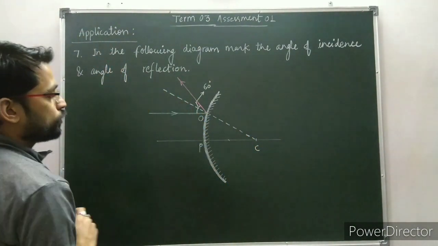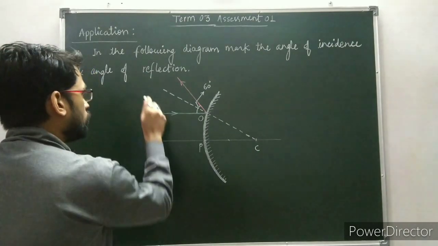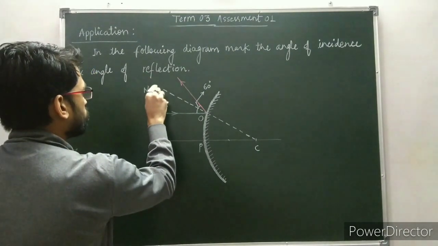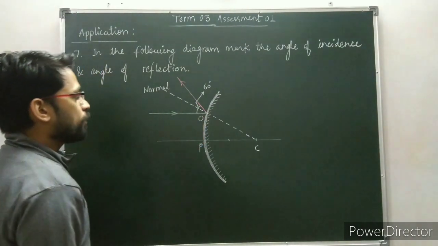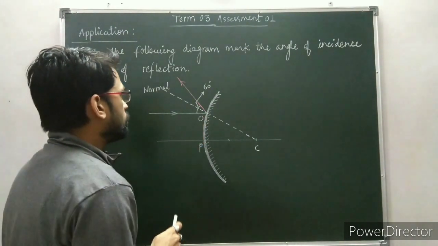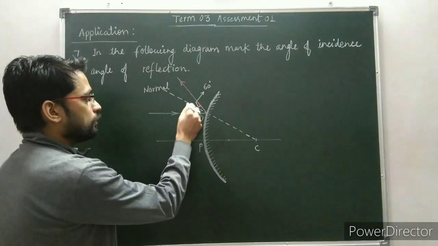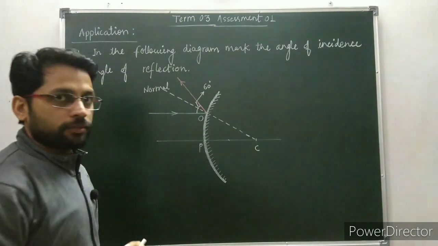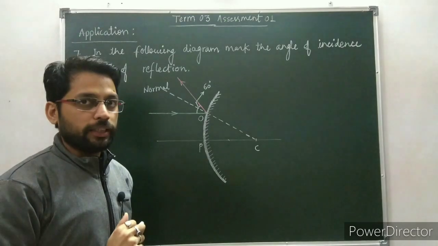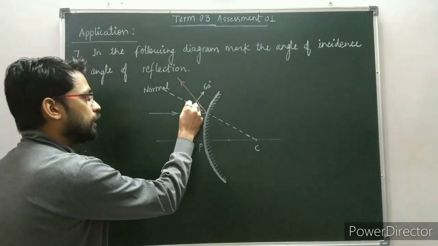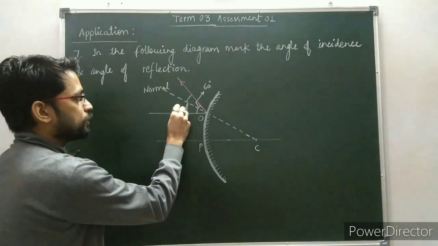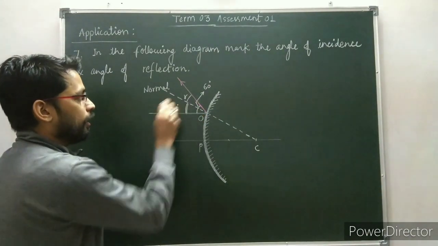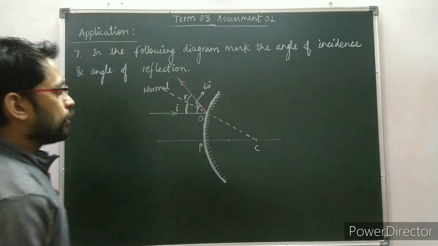This line would be normal at the point of incidence. And we know that this normal divides the angle equally, because we know that angle of incidence is equal to the angle of reflection, I and R. Okay.